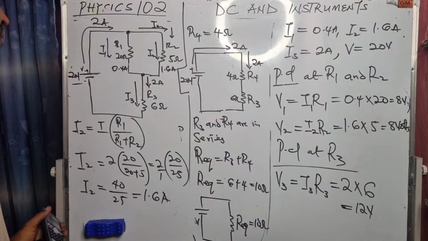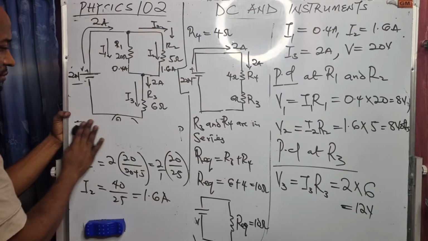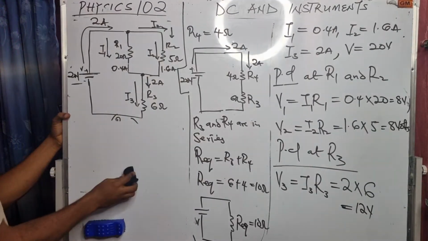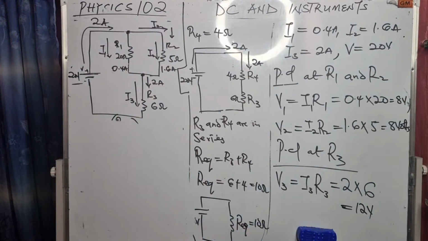The next question is to find the power absorbed by each resistor. Power absorbed by each resistor.